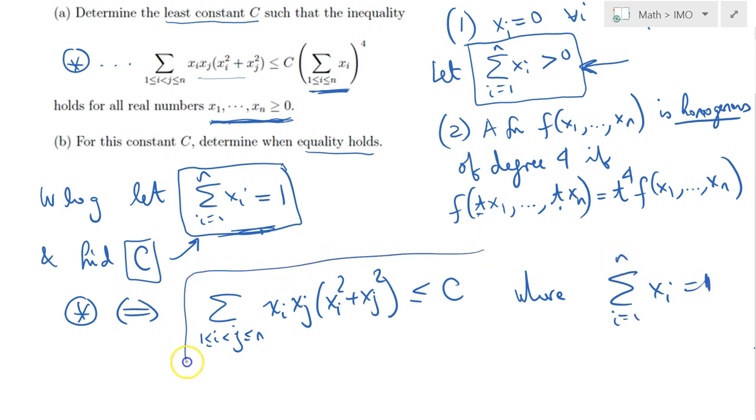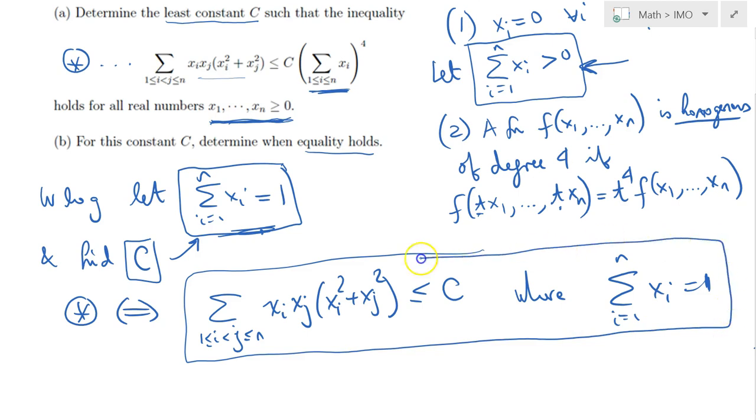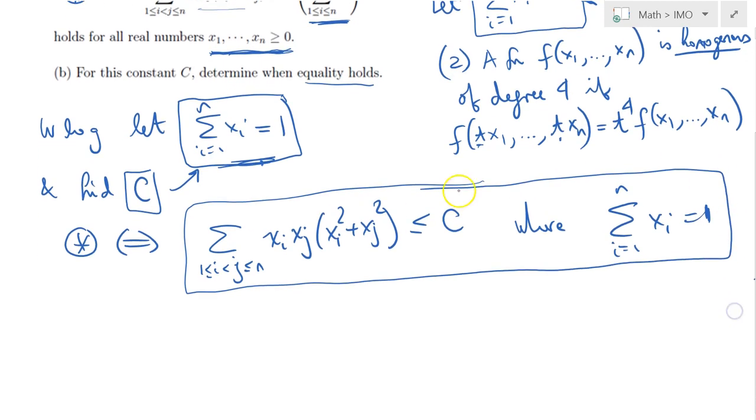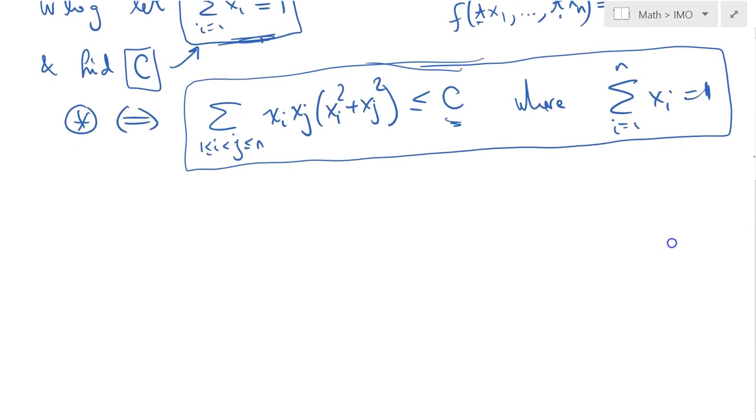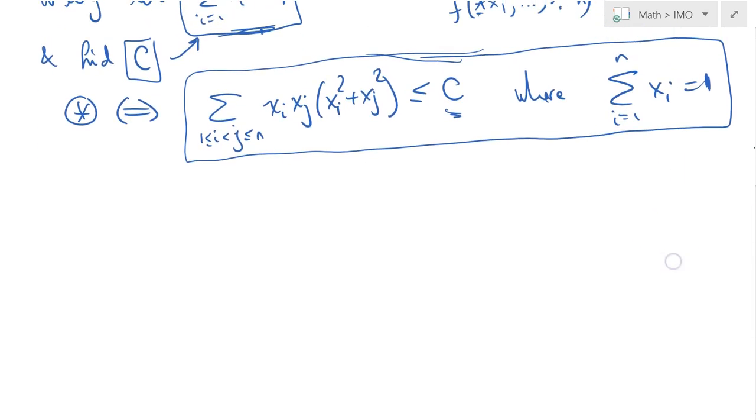So this is the equivalent representation of this problem. If I can find the c for this particular case, that c will also be the answer for the general case, thanks to the homogeneous nature of the functions on both sides of the inequality.